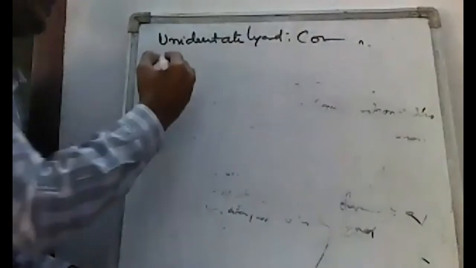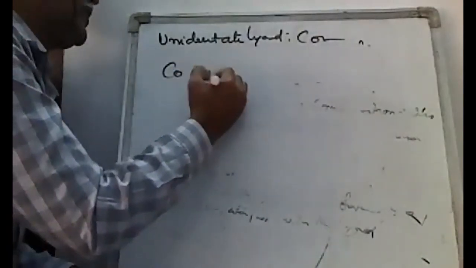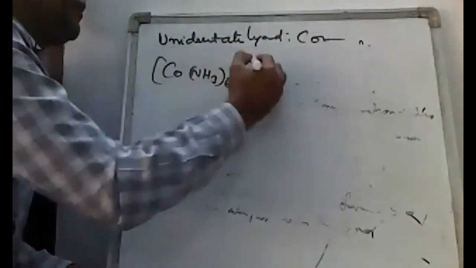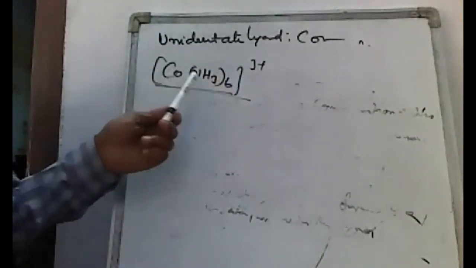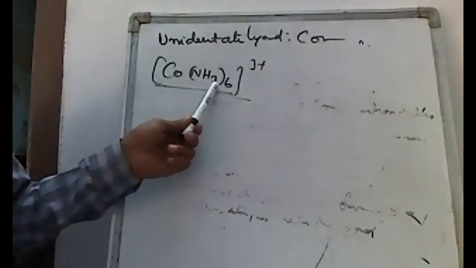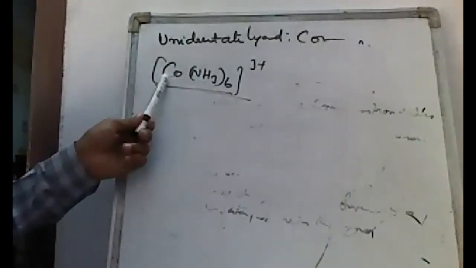Let me take an example: [Co(NH3)6]3+. Here the coordination number is 6 because ammonia is a unidentate ligand and can form only one coordinate covalent bond with the cobalt metal.